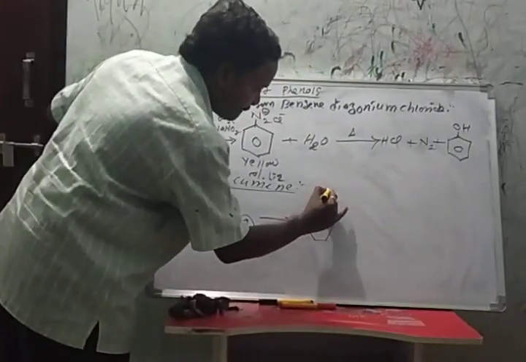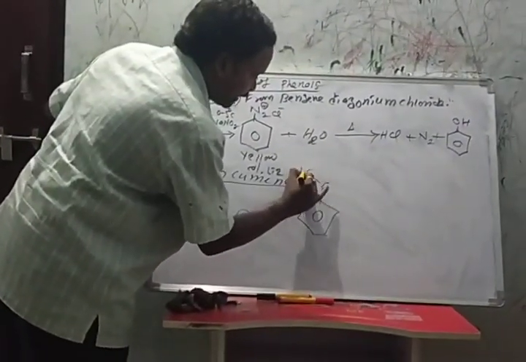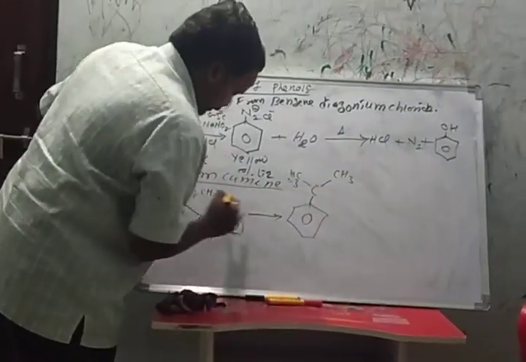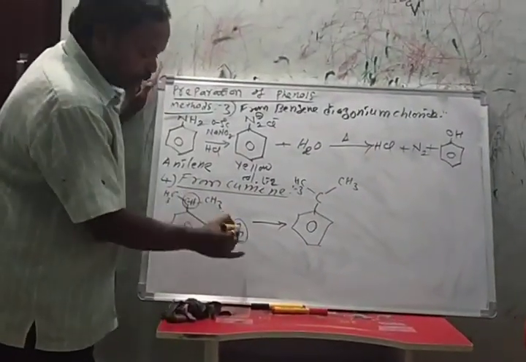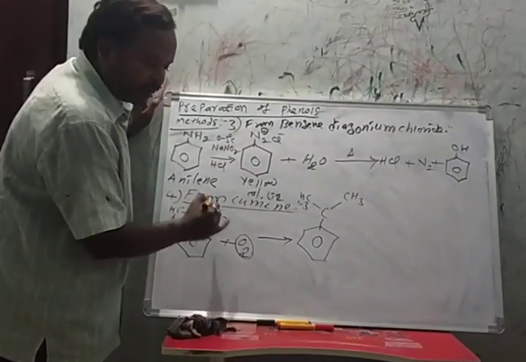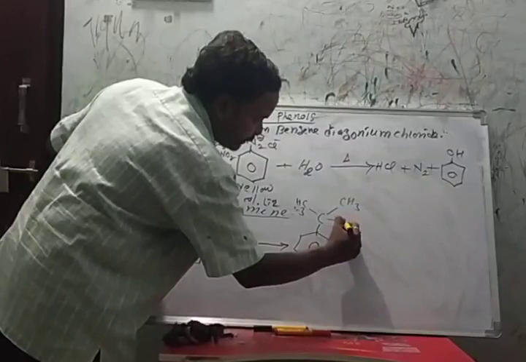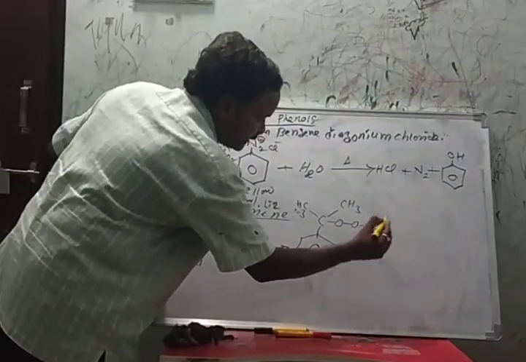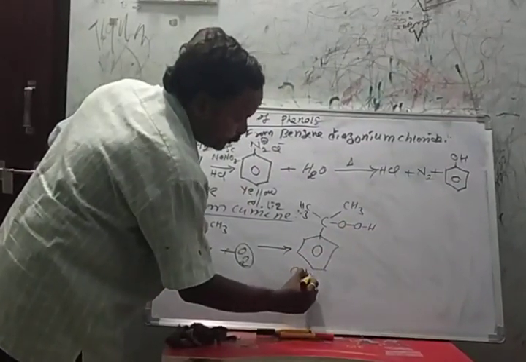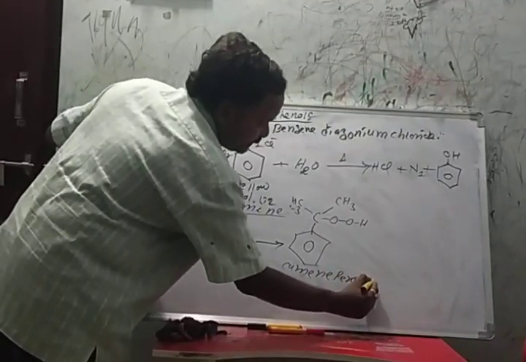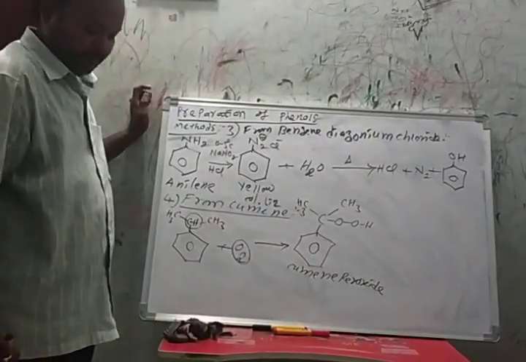Here benzene, here carbon, CH3, CH3. In between the carbon and hydrogen, oxygen, oxygen and H. This is called cumene peroxide.